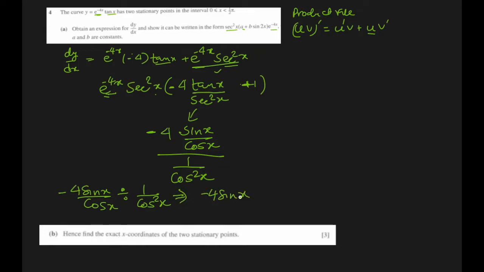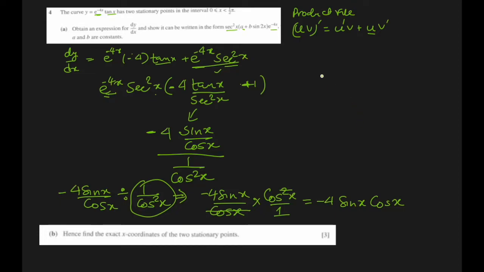4 sine x over cos x multiplied by, whenever a division becomes multiplication, the rational number after that is reciprocated. So it will become cos square x divided by 1. And now this cos x will cancel with one of the cos x and we are left with what? Minus 4 sine x cos x. Right?